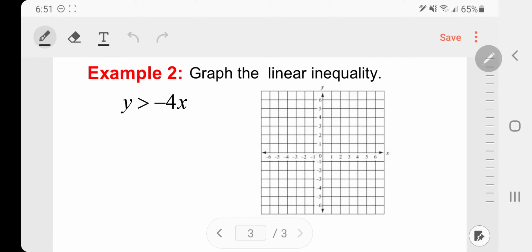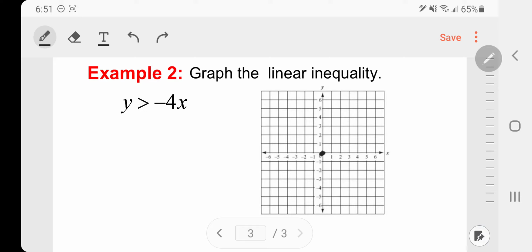Here, y is greater than negative 4x. Now for this one, we don't have a starting point, so we know that it's a plus 0. That's going to be our y-intercept, so my y-intercept is 0. Here we notice it's going to be a dashed line because it does not have the line underneath.